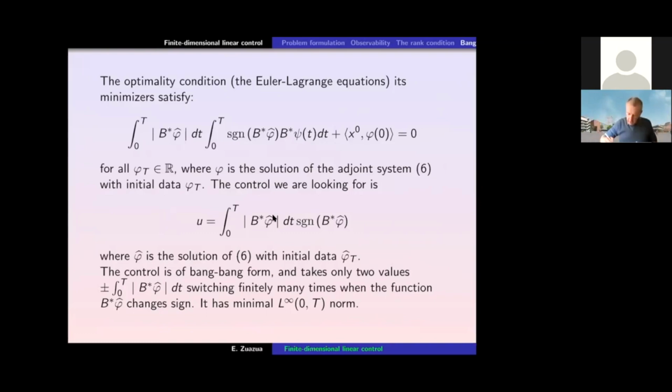So you need to control the system, but you are not allowed to jump from m to minus m, but just from 1 to minus 1, right?